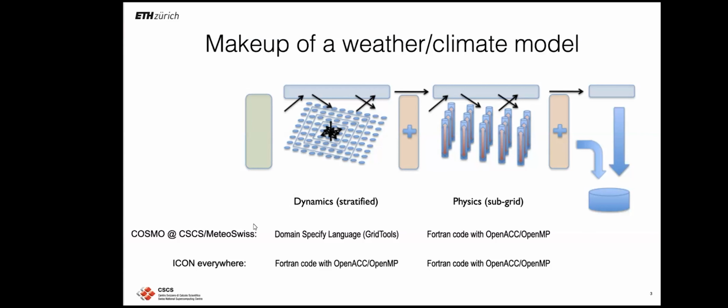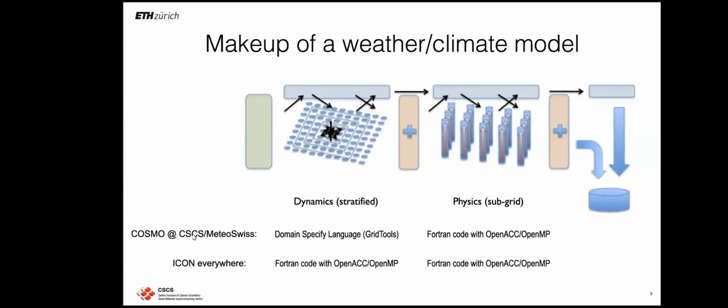And the 2 models I've been mentioning, Cosmo, which is the one that we took to GPUs 10 years ago in our user program at CSCS, and then since 2016 have been running operationally on GPUs with MeteoSwiss.